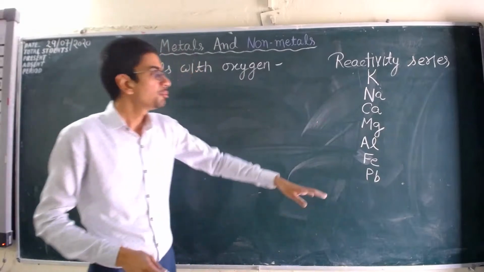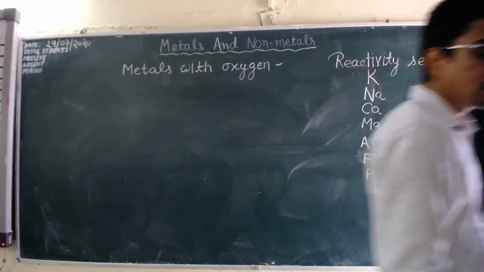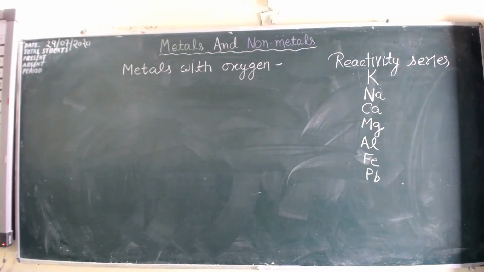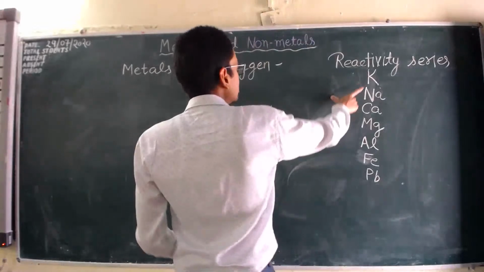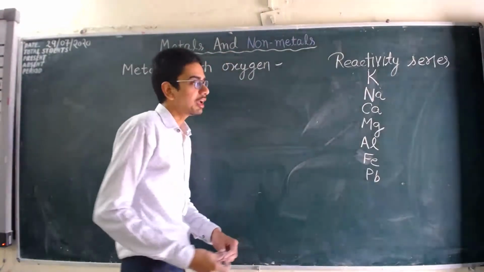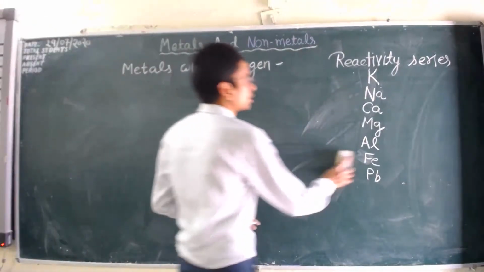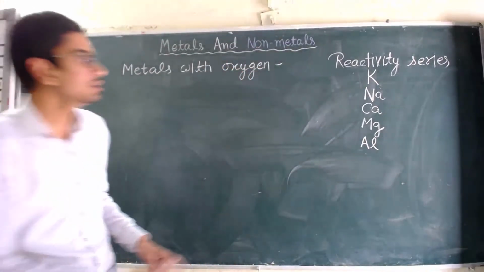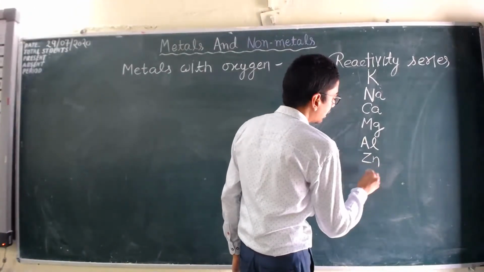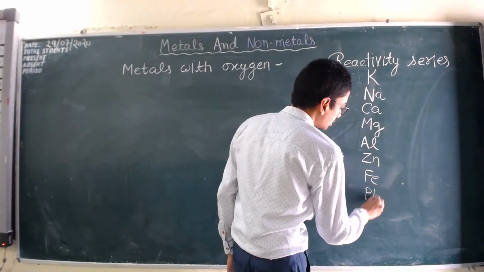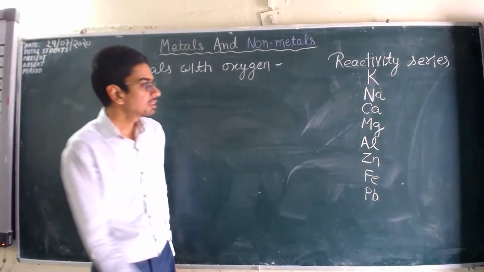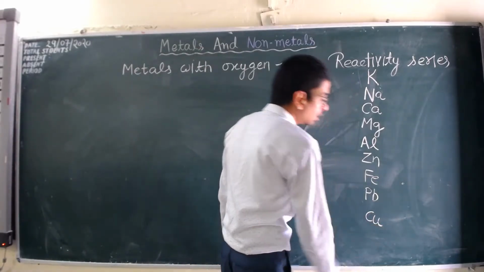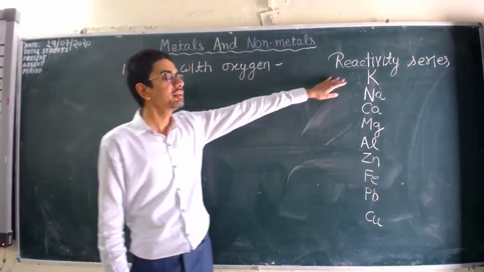Pb is lead. So potassium, sodium, calcium, magnesium, aluminium, zinc. Aluminium के बाद आता है zinc, then iron, lead. After that copper, gold and silver. So this is a reactivity series.